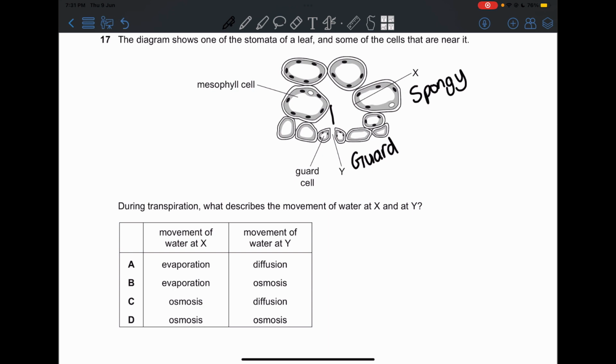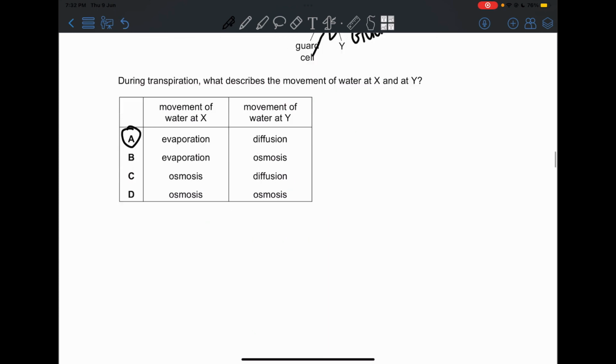But at Y, there is actually diffusion going on because there are gases that go out, such as oxygen, which is the waste product of photosynthesis, and the carbon dioxide enters the leaf through the stomata as well. So there is always diffusion in the stomata and the guard cells, and there is always evaporation in X because of the transpiration. So it's going to be A for this question.